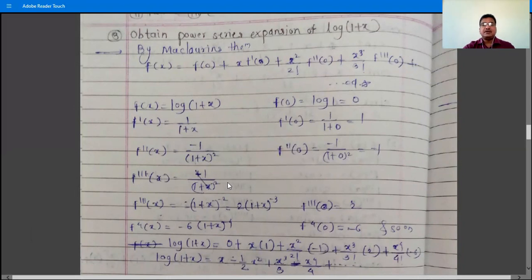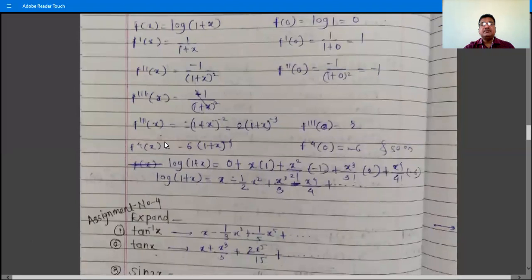Then f triple dash x, the derivative of this quantity. So f triple dash x is 1 plus x bracket raised to minus 2, and this is the simplification. Its next derivative is: minus 1 into minus 2, so minus and minus become plus, 1 plus x raised to minus 2 minus 1, that is minus 3.